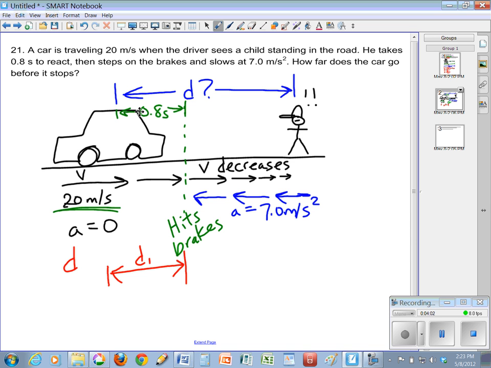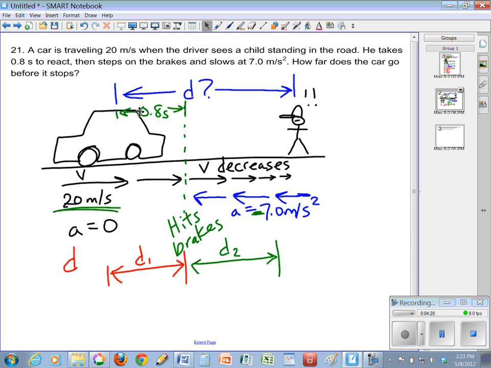Once it hits the brakes, acceleration changes. It becomes 7 meters per second squared in the opposite direction, so I wrote a negative sign there. So we're going to have another distance, and we'll assume that it stops before it hits the child here, hopefully. But we have 2 separate calculations to do.